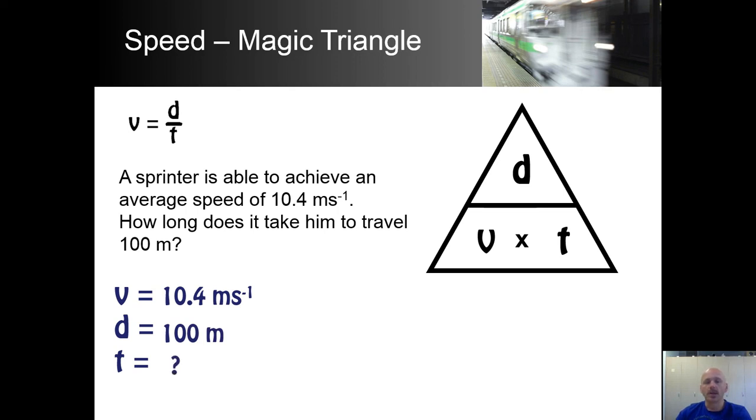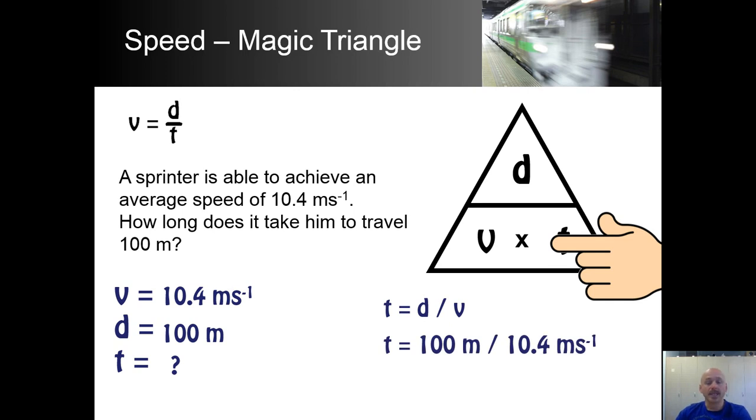And t is what we're looking for. So if we take our handy triangle, we're looking for t, so we cover up the t, and we can see that t equals d divided by v. Now we just put our numbers in. t equals 100 meters divided by 10.4 meters per second.